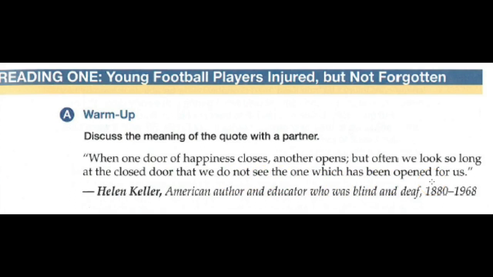Now, in your notebook, write A, and just write one sentence explaining what this quote means to you. Okay, what does this quote mean? So you have numbers 1 and 2, and then you have letter A in your notebook. Okay, so this quote means what? Explain what the quote means.